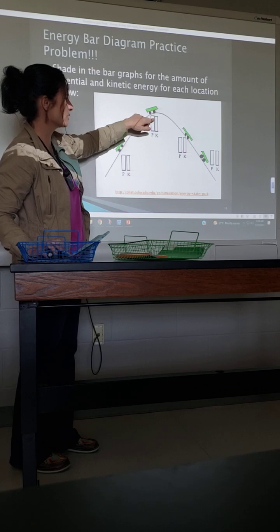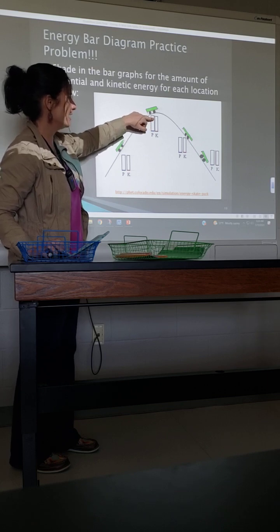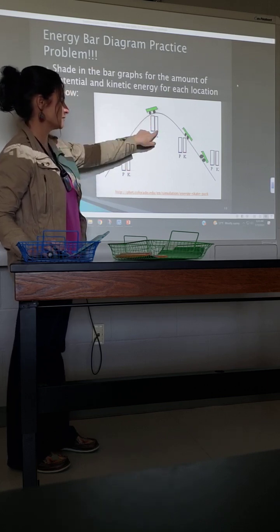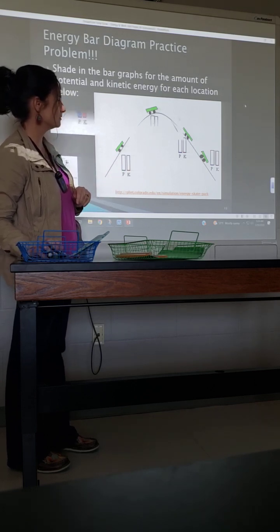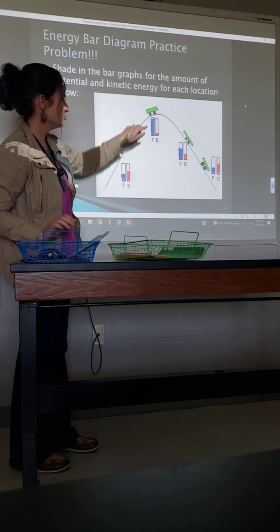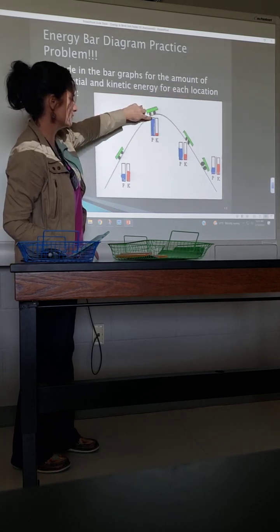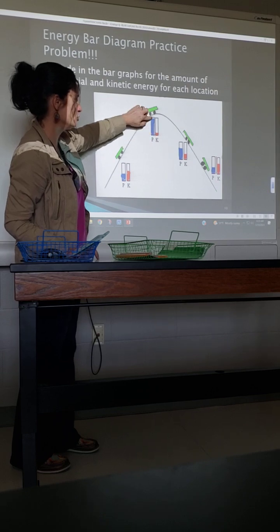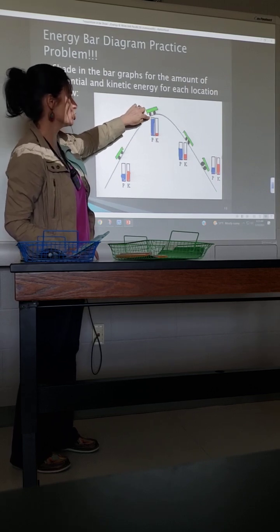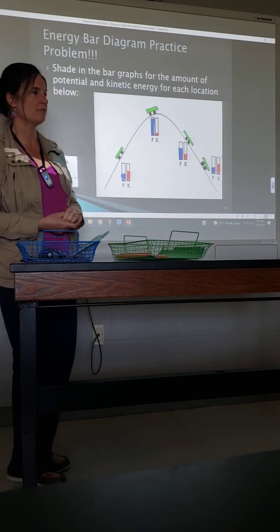I'm going to fill it in about that high, and then you'd fill in the rest for kinetic. Notice how I have a little bit of a gap, and then the rest is filled in with kinetic. If these two were stacked on top of each other, they should totally fill in the full height of the bar.